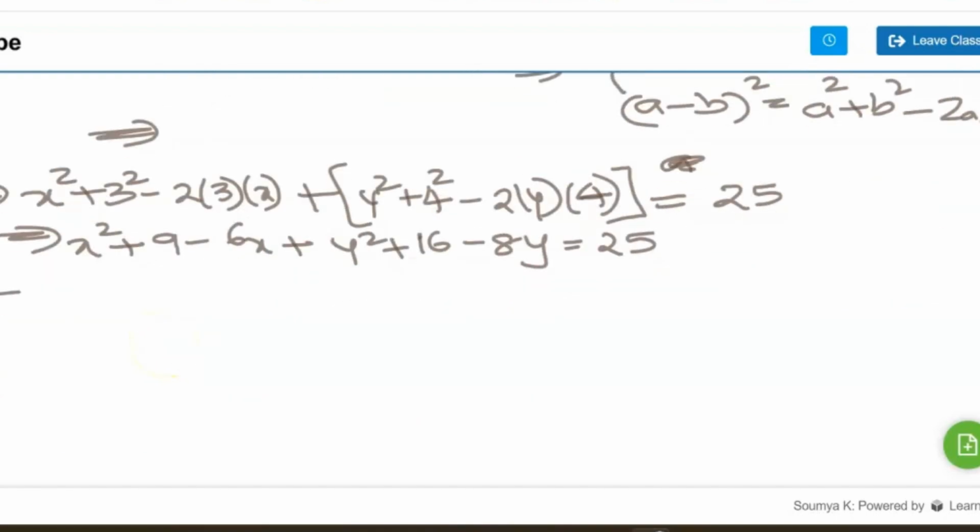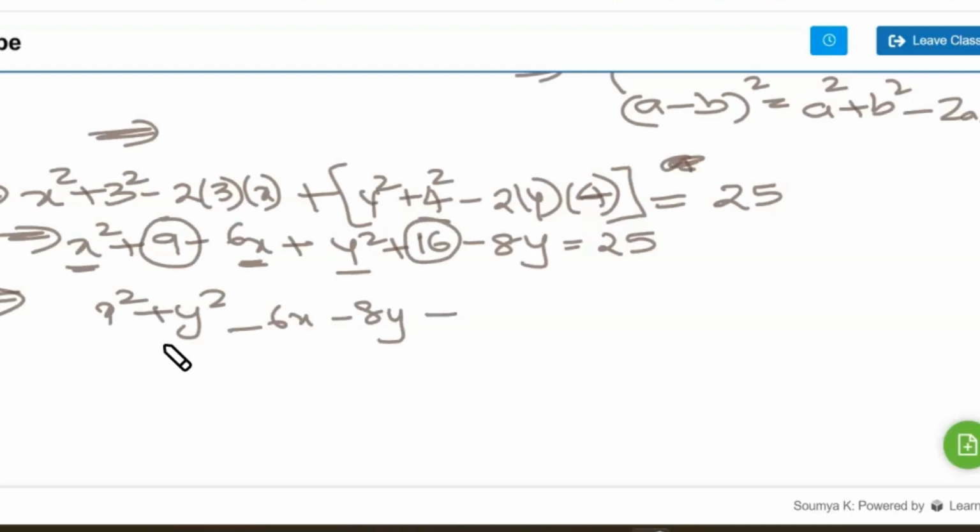After that, try to rearrange them. x square, y square, x terms minus 6x, y terms minus 8y, then all the numbers 9 and 16, 9 plus 16 will be 25, so I have added them together.